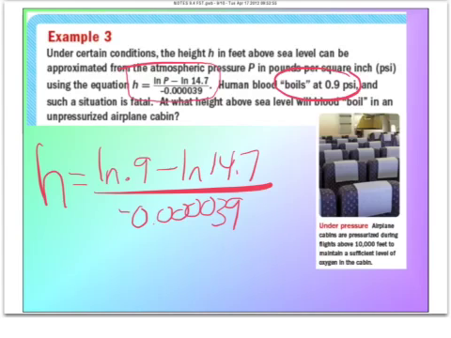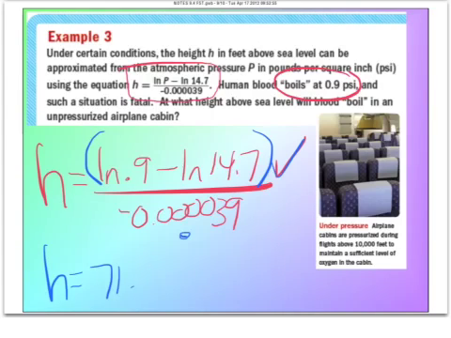Be careful, you must do this first half first. Do all of this first, take that answer, and then divide by this number. When you do that, you're going to get that the height is 71.621, and we're talking feet above sea level. So when you're 71.621 feet above sea level is when your blood will boil and basically you would die.